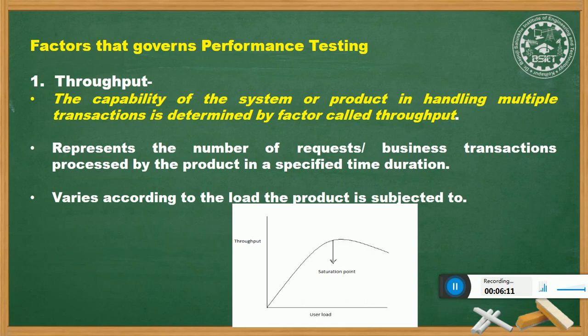It varies according to the load the product is subjected to. The load to the product can be increased by increasing the number of users or by increasing the number of concurrent operations of the product.